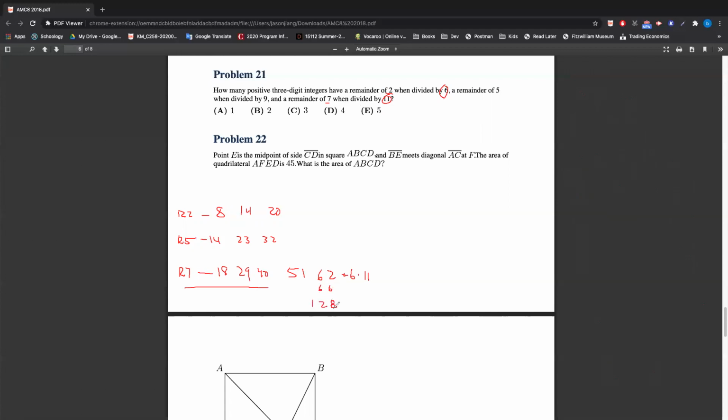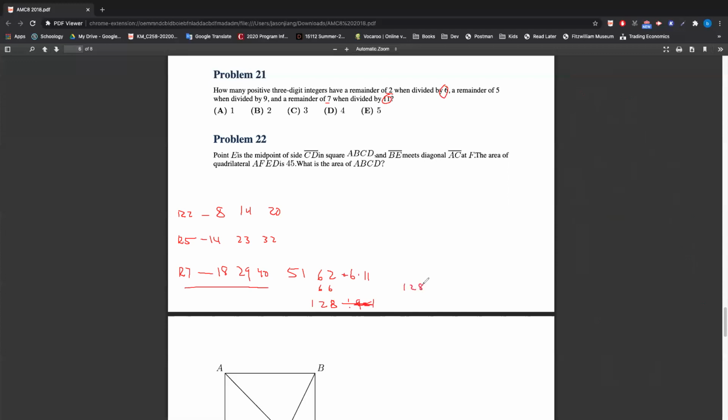Let's check what happens when we divide by 9. Oh yeah, that's not going to work. Okay, scratch that. You have to keep going, right?